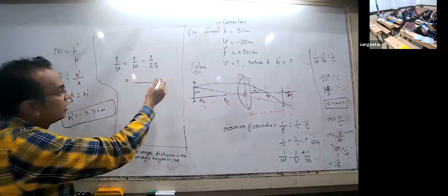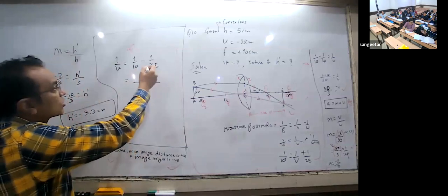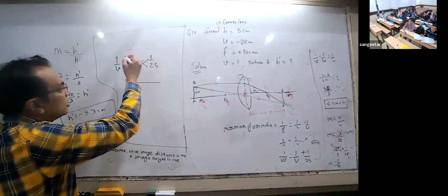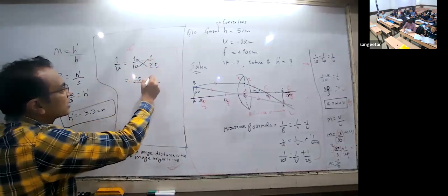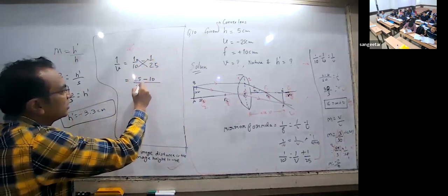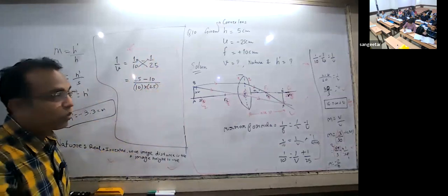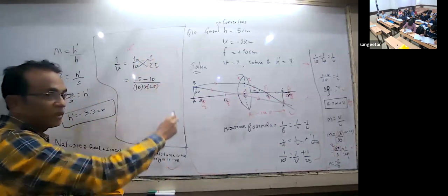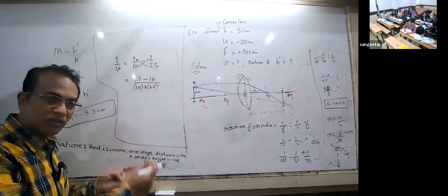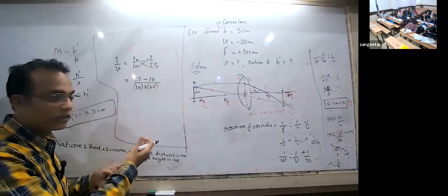LCM. If not LCM, what do you do? Just cross multiply. 25 here minus 10 here, and then multiply the denominators. This is the shortcut. Cross multiply and multiply the denominators. This is a mathematical method, right?